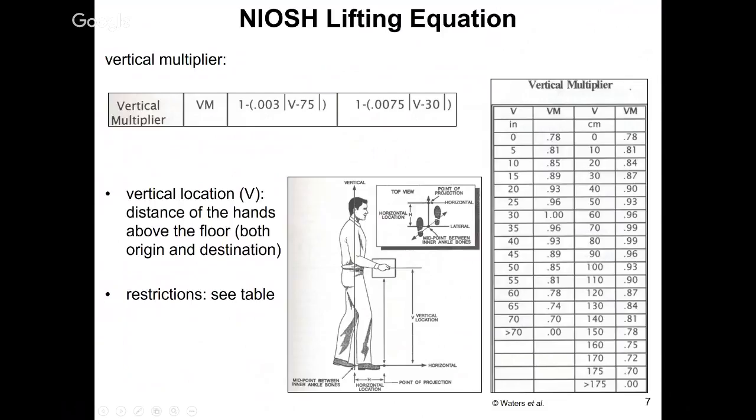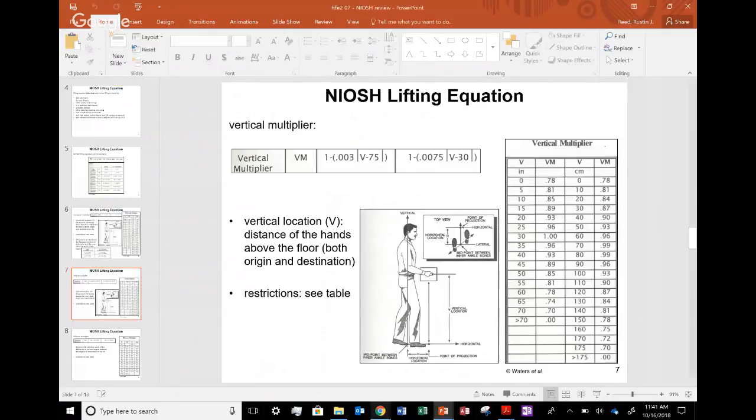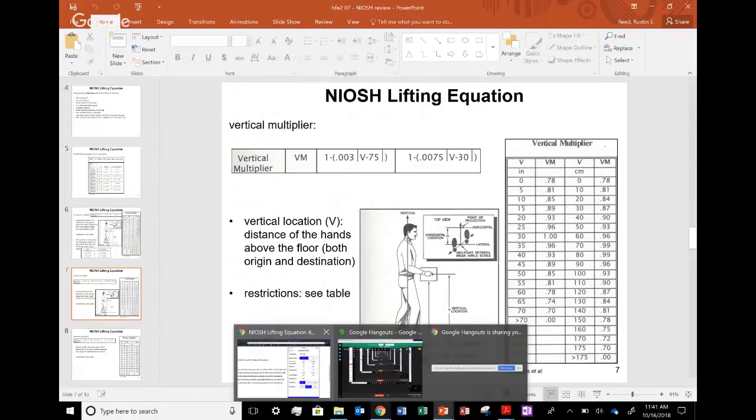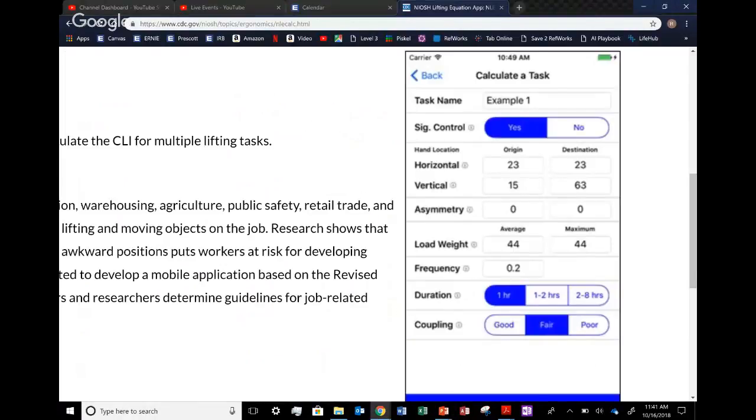So let's go over to the image from the app just to see what it looks like there. It may be hard to see, but for the horizontal, they have 23 and 23. So they weren't extending their arms out or bringing them in any closer. This is just a straight up lift relative to the body. But for the origin, they say that they're starting 15 inches or centimeters off the ground and lifting to 63.